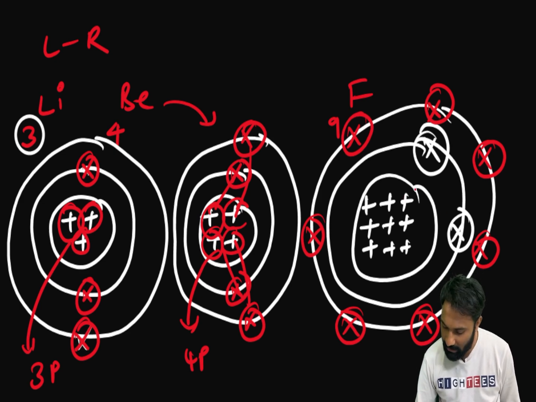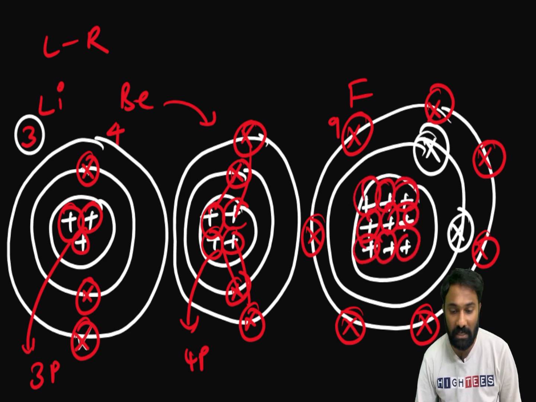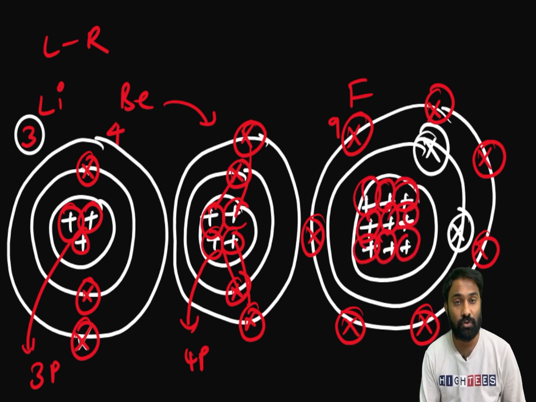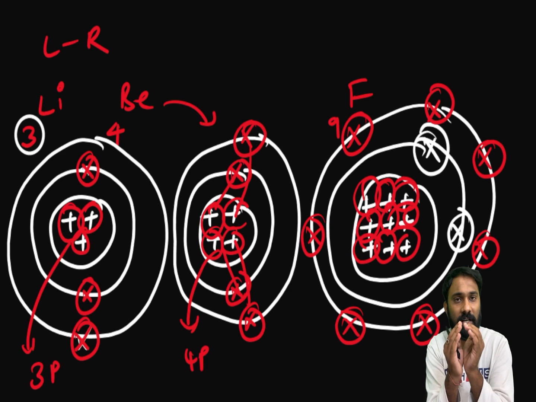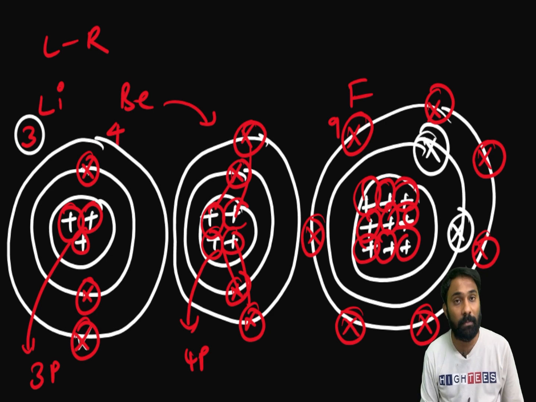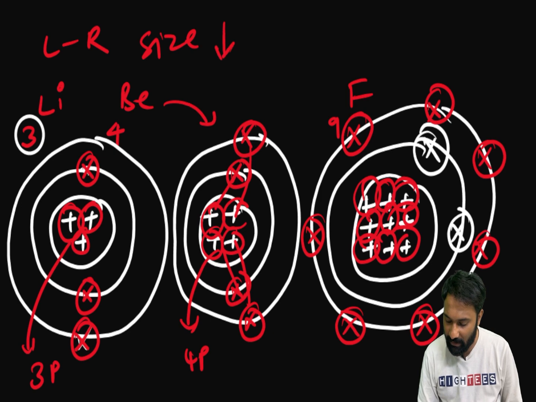For fluorine, 9 protons express the high nuclear charge. So 9 people are pulling the electrons towards themselves very fast, and the atom will shrink very fast, becoming very small compared to beryllium. That's the reason when we move from left to right, atomic size decreases.